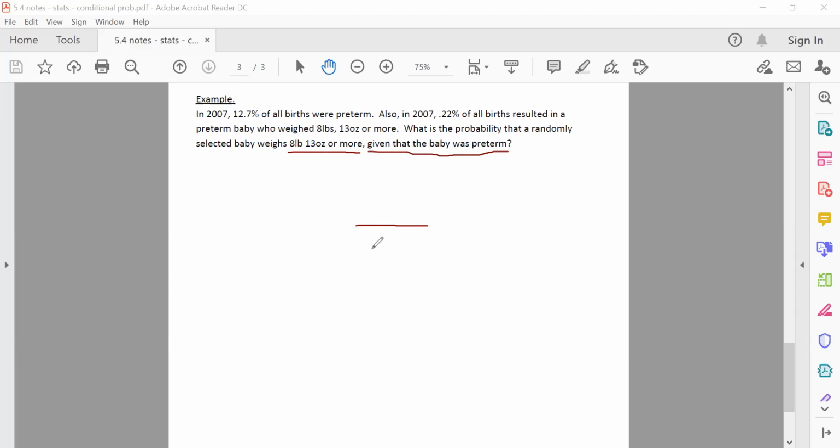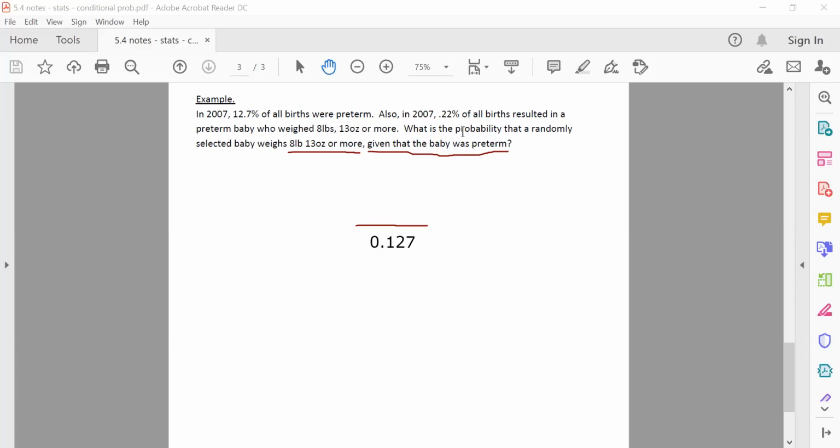We're going to need to express it as a decimal. So 12.7% is 0.127. On top, 0.22% of all births resulted in a preterm baby that weighed 8 pounds 13 ounces or more. So this is the percent of babies, 0.22%, that were both preterm and weighed 8 pounds 13 ounces or more.